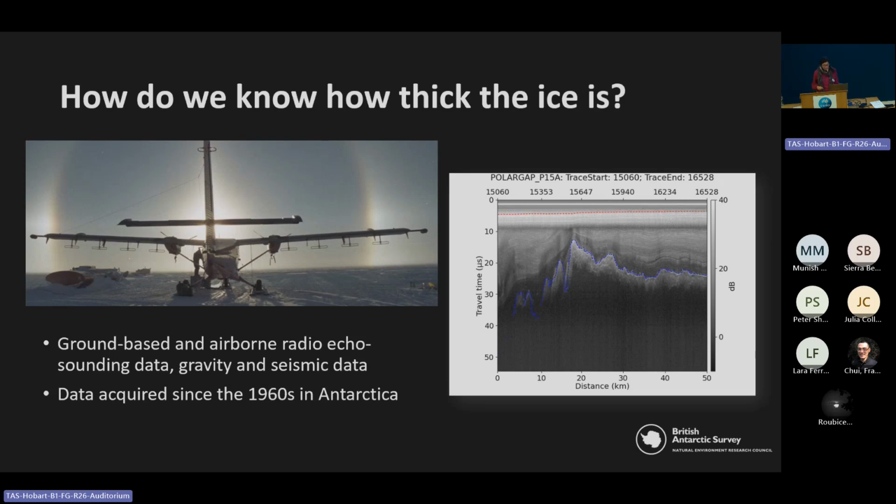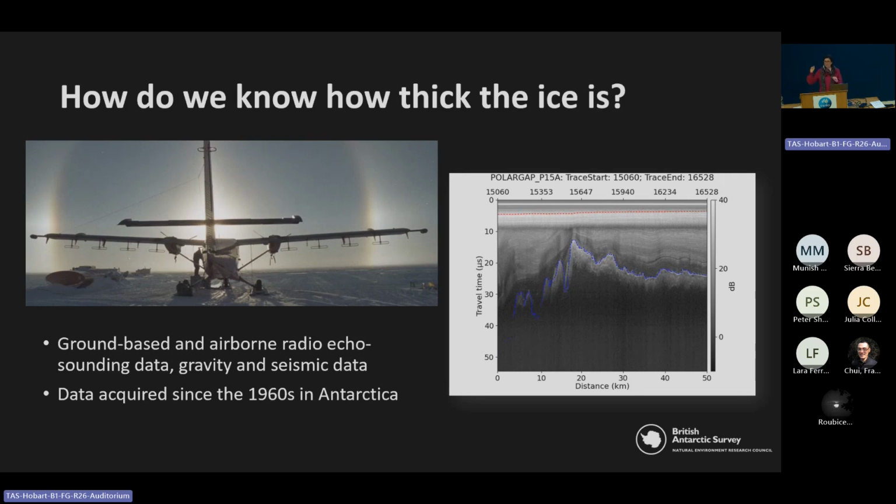You have different information from these images. The dotted line in red is the surface of the ice, and in blue is where the bed is. This is the information that we extract from the radargram.